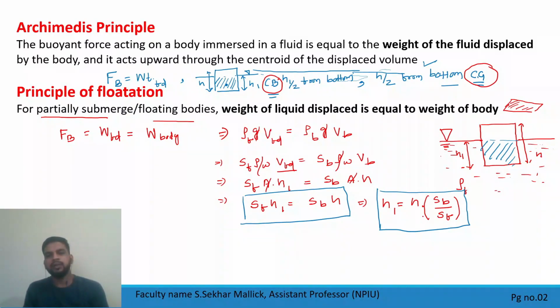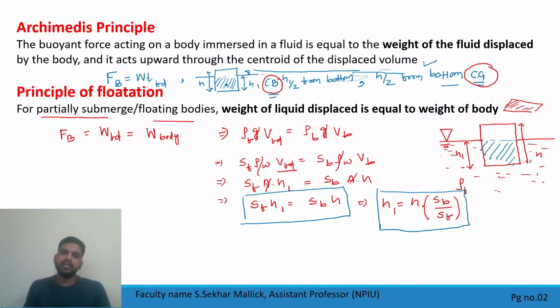Now tell me, for a floating body, which specific gravity will be more? Specific gravity of body or specific gravity of fluid? ये float कर रहा है मतलब किसका डेंसिटी ज्यादा होगा? स्पेसिफिक ग्रेविटी क्या है? डेंसिटी ऑफ वाटर मल्टीप्लाई कर देंगे तो डेंसिटी हो जाएगा. डेंसिटी किसका ज्यादा होगा? बॉडी का या फ्लूइड का? अगर बॉडी का डेंसिटी ज्यादा है देन इट विल सिंक.